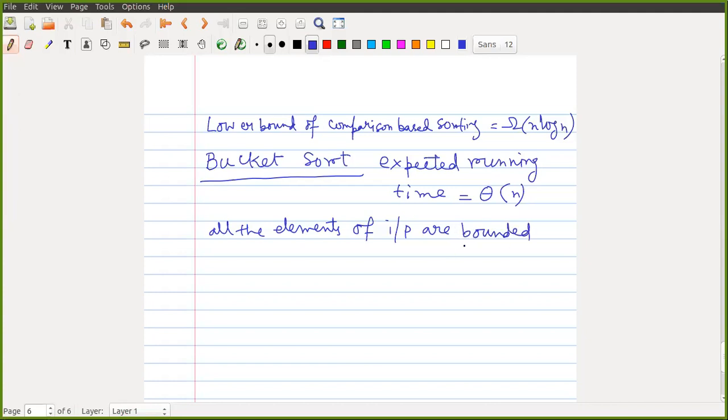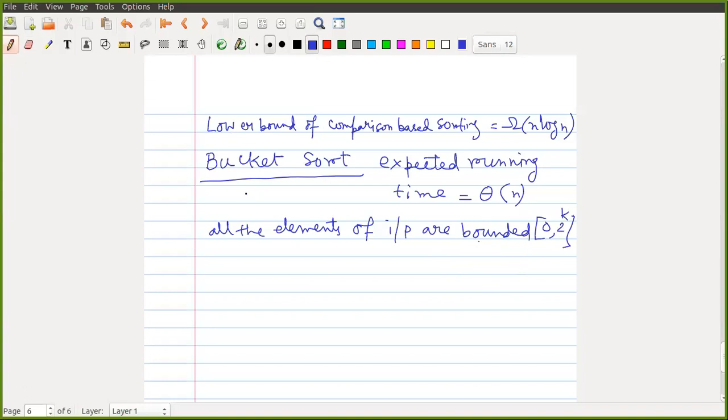All the elements belong from 0 to 2 to the power k for some k, right? So the values of the elements are bounded.